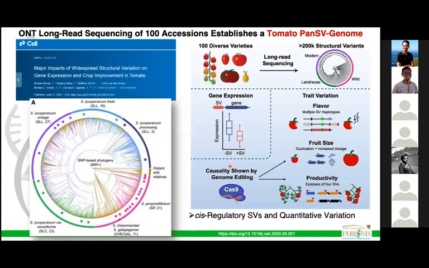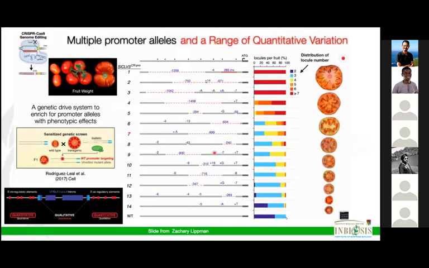So they used genome editing tools to study cis-regulatory structural variants and to identify quantitative variation. They found that, for example, when you CRISPR-edit the promoter region, you get quantitative variation rather than qualitative. Qualitative means present, absent, have or have not, whereas quantitative is like size variation.